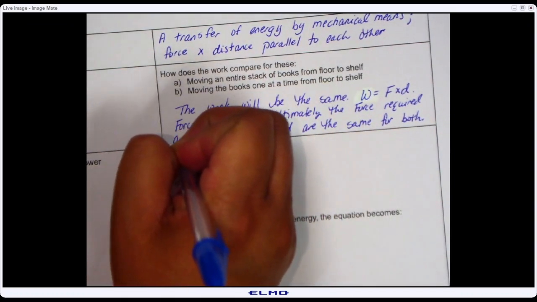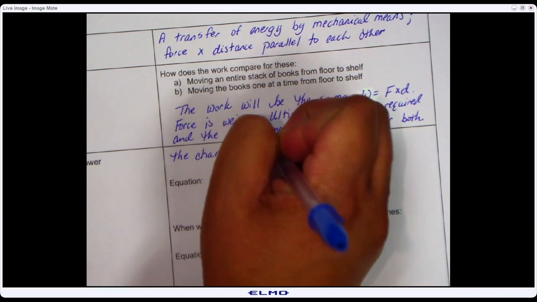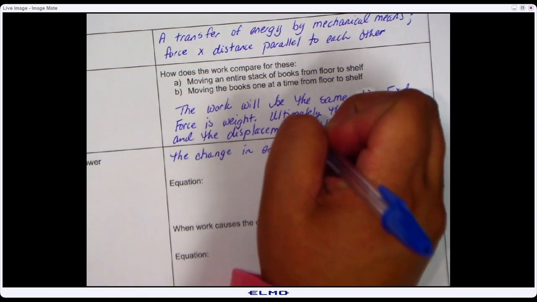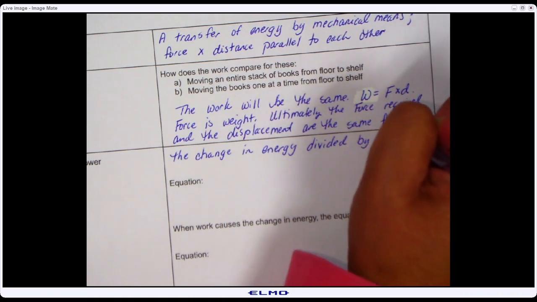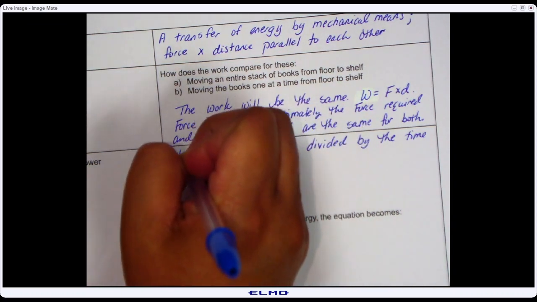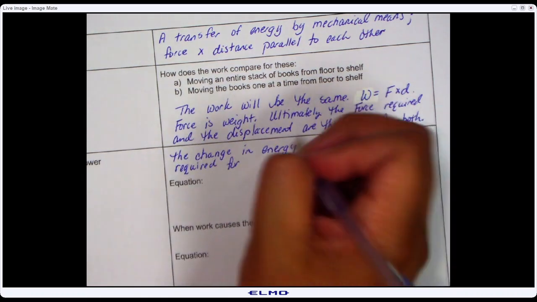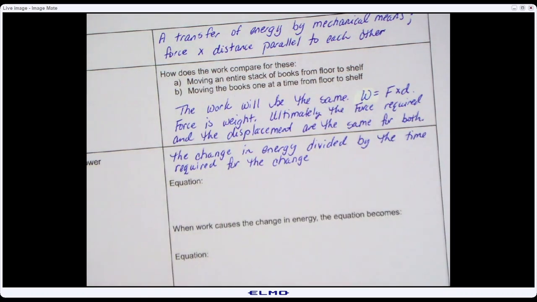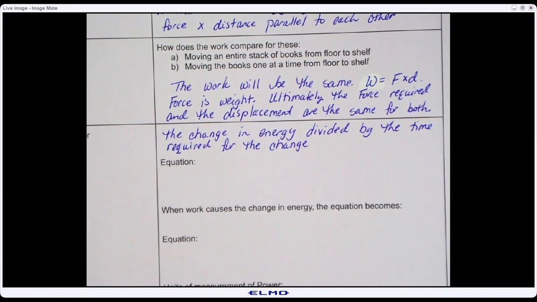Again, it's the change in energy divided by the time required for that change.